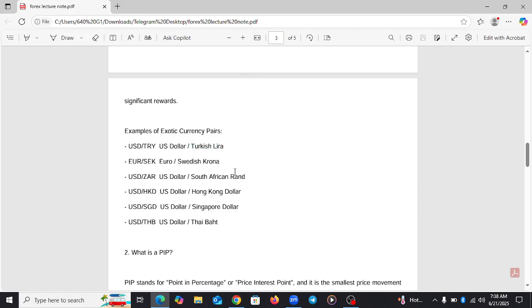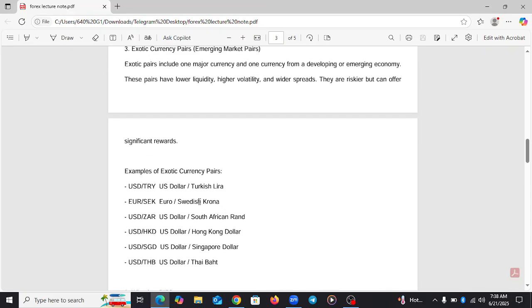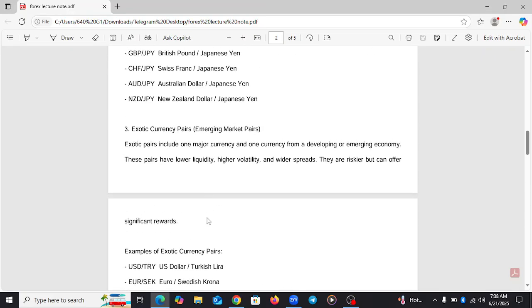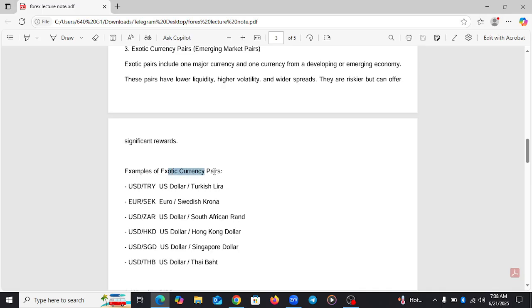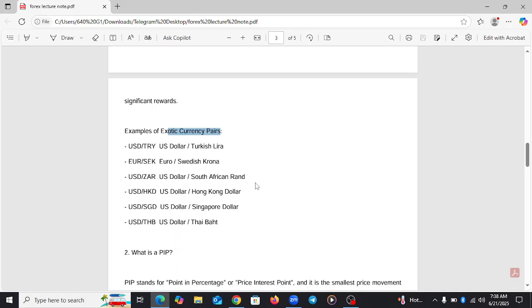And this is the Swedish krona. Many people don't even know that krona exists, but everybody will probably know what the euro or dollar is. So exotic currencies are basically cross pairs that are not widely recognized. For them to be recognized, they will have to be crossed with the dollar, or crossed with themselves or whatever.